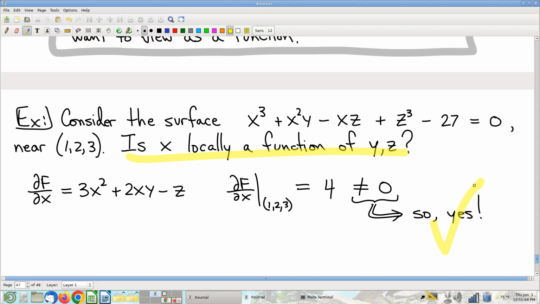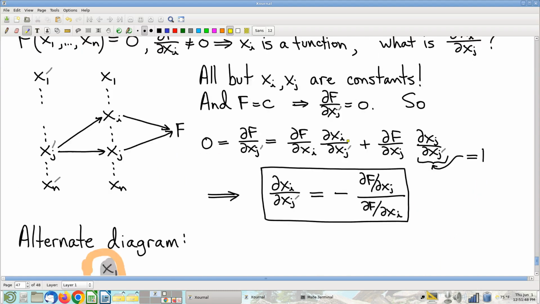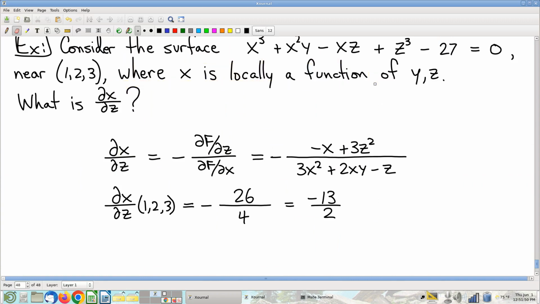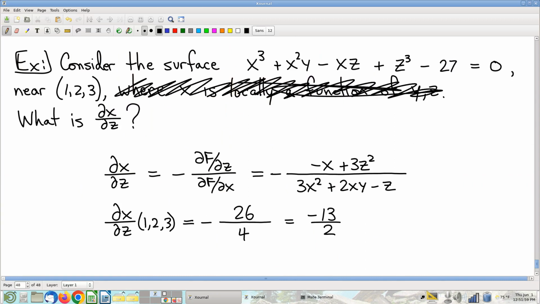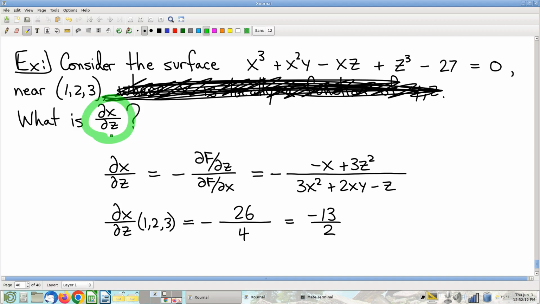So when y'all see a question on the exam, what it'll probably look like is something more like this. There'll be a surface given as an equation, and the question will just ask, what's the partial of one variable with respect to the other variable?